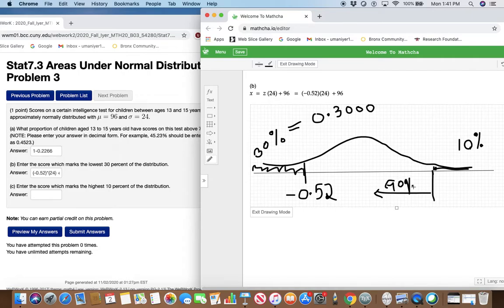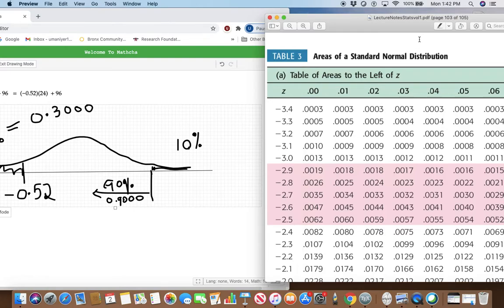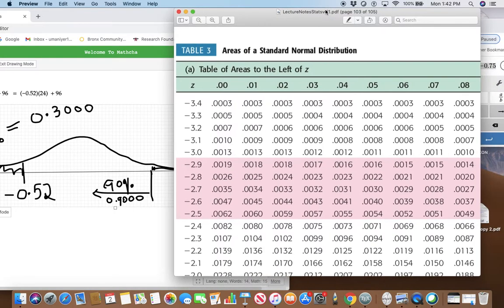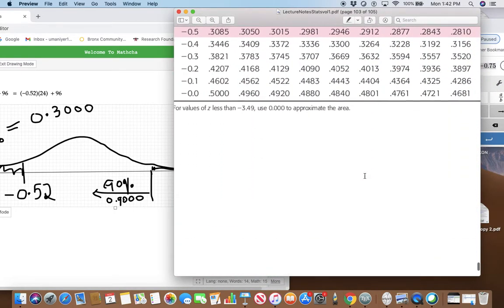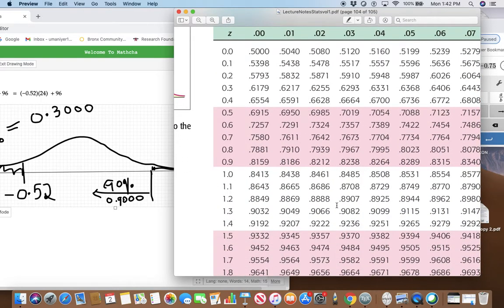Okay, 90% means what? 0.90. For good measure, let me take 3 zeros. It's simply 0.9 or 0.9000. So we are again looking for the area of 9000 precisely. So that's 4000. Here is 5000. Somewhere here starts 9000.